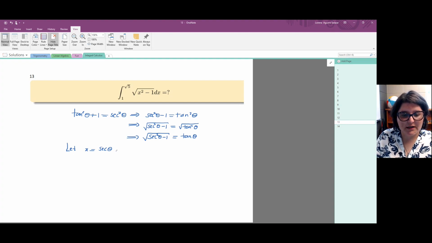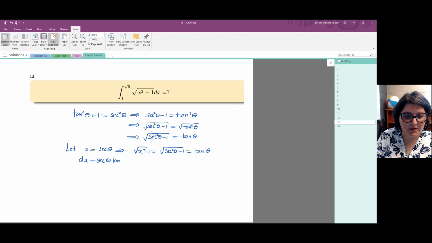If we make x equals secant of theta, then the root of x squared minus 1 is the root of secant squared of theta minus 1, and that becomes tangent. And then dx turns out to be secant of theta times tangent of theta, because the derivative of secant is secant times tangent, and then times d theta.